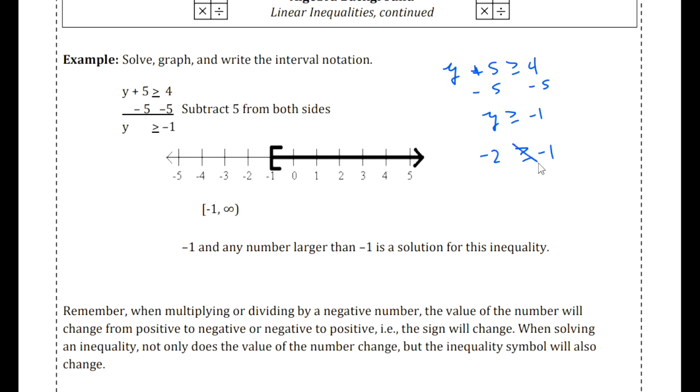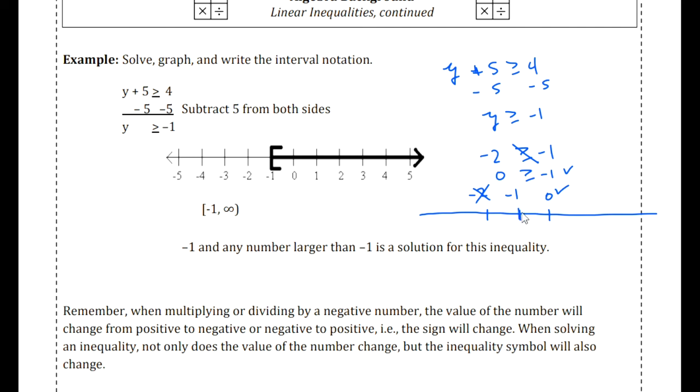No. So -2 is not a solution. So we'll put our 0, we'll put our -1, -2 is out. Let's try another point here. 0, is 0 greater than or equal to -1? Yes. So 0 does work.